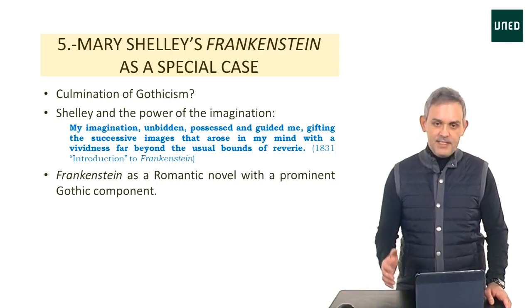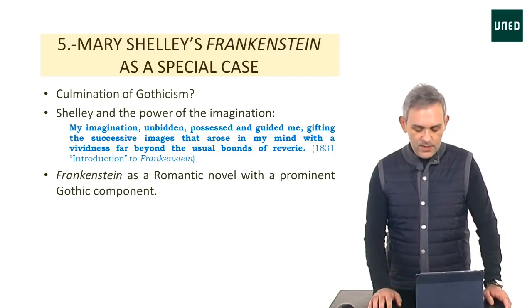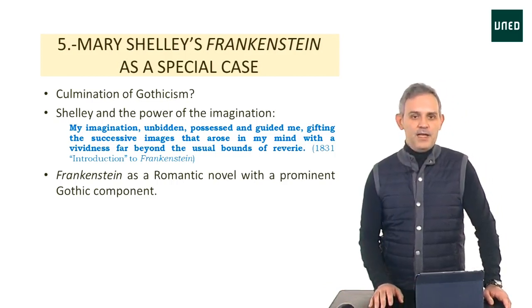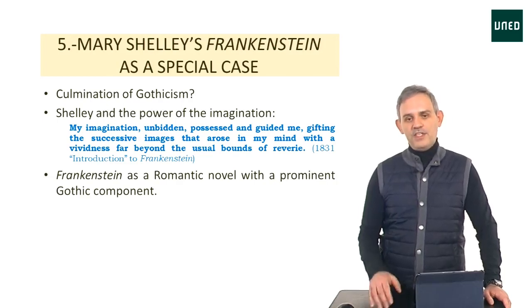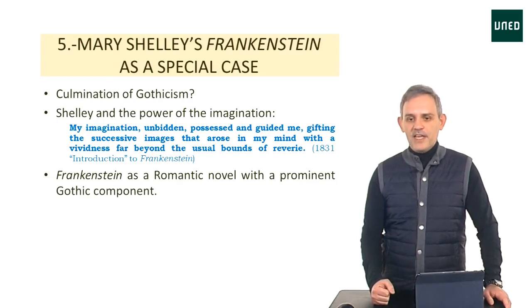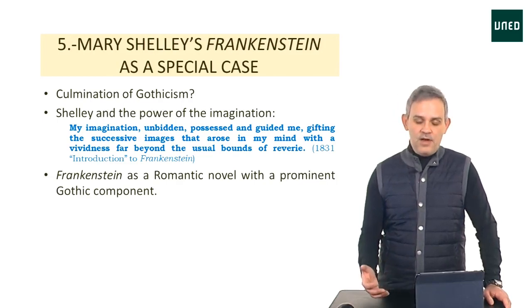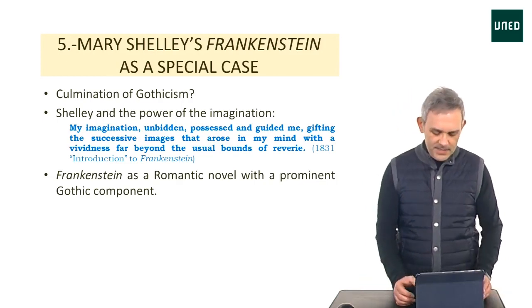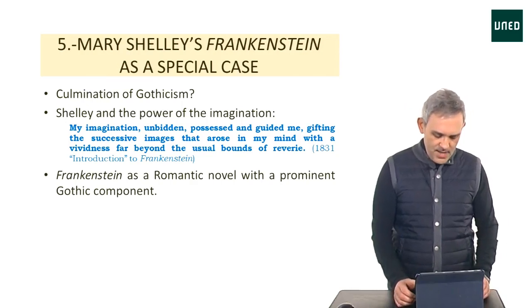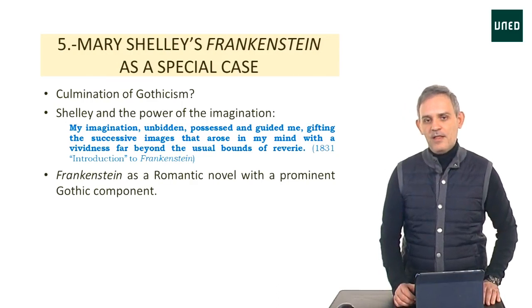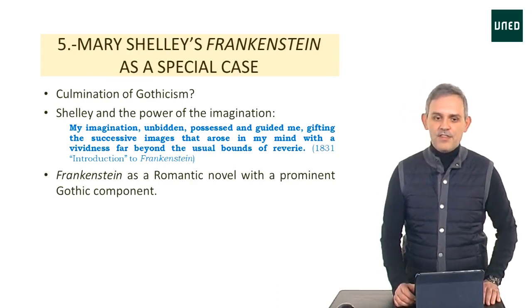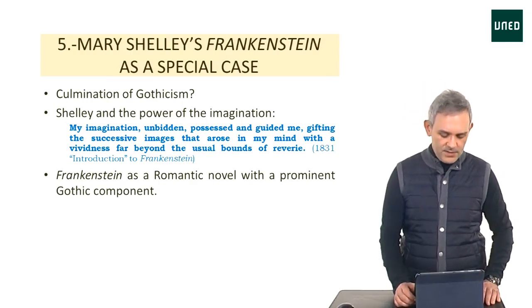We must not forget that Shelley's novel was planned in the same place and at the same time as John Polidori's The Vampire, which originated another of the great Gothic myths. I would strongly recommend reading the 1831 introduction as well as the novel, Frankenstein.